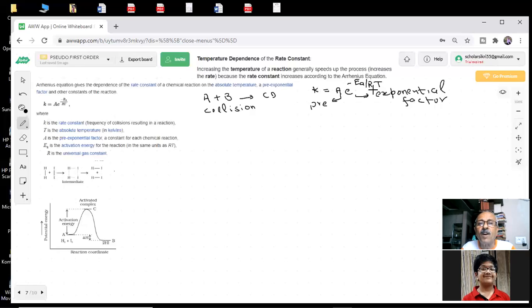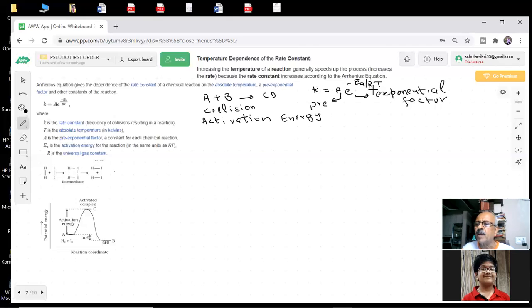So he gives an idea of activation energy, students. Very important point: for every reaction, there will be an activation energy. Unless the molecules possess that activation energy, the collisions will be ineffective. Collisions will not form the products. So the molecules must have energy equal to or greater than activation energy to form the products.